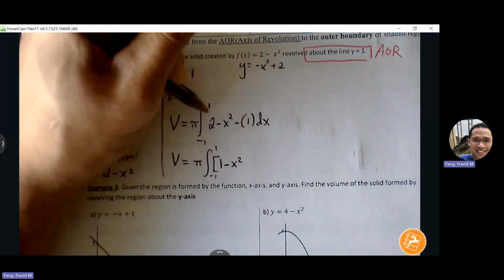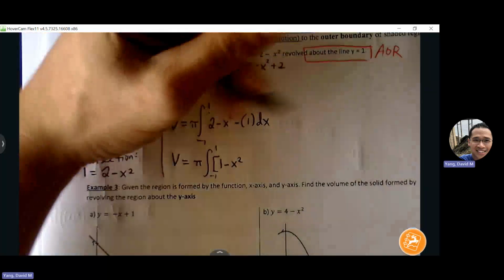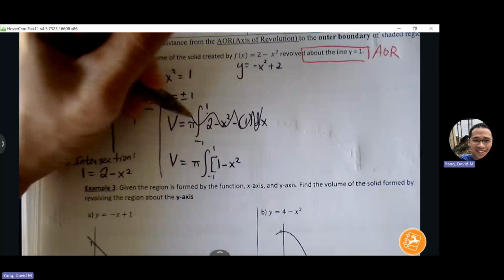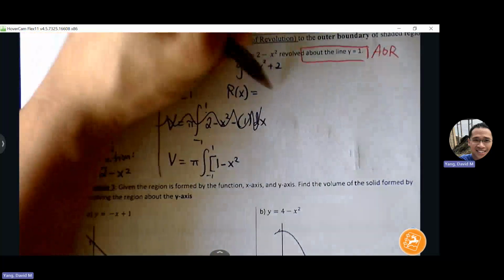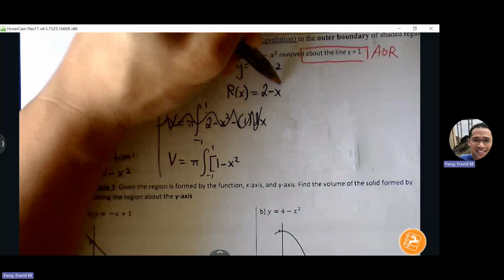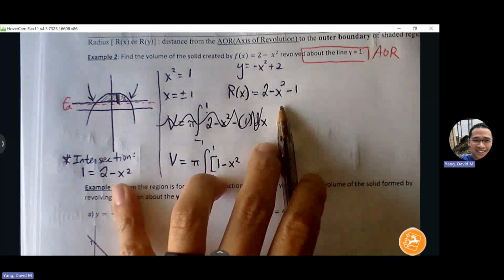Oh, I forgot to do this. I should have done this first, my bad. Okay, let's get into the habit here. The radius, let's build the radius first. Radius is just 2 minus x squared minus 1, which is really 1 minus x squared.